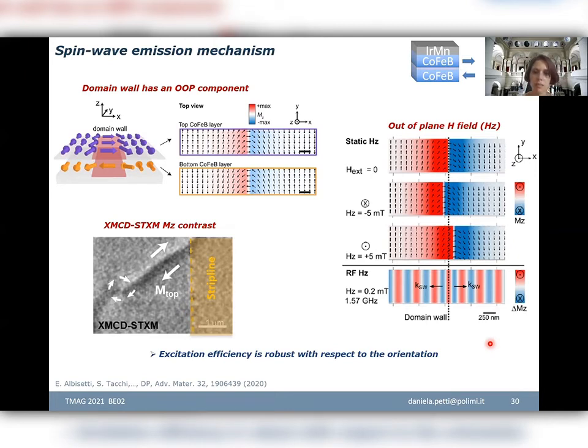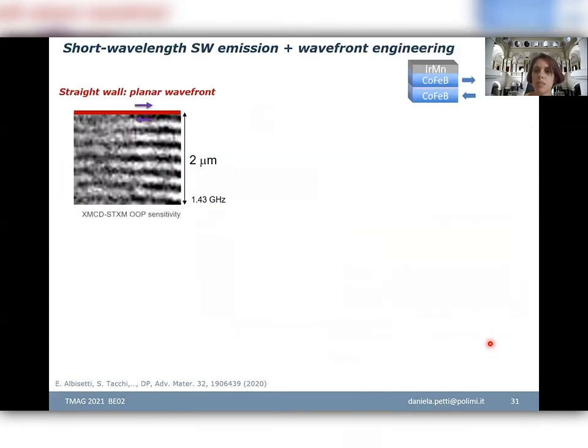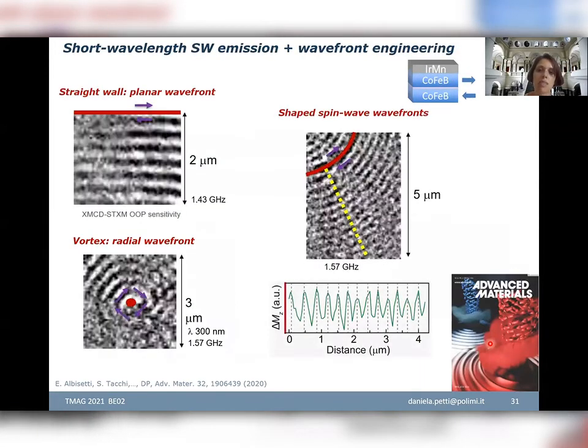It is worth noticing that this mechanism is very robust with respect to the orientation of the strip line with respect to the direction of the spin texture, and this has been exploited in our experiment here.